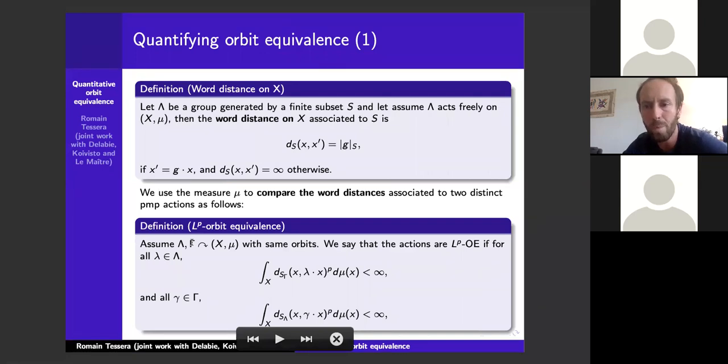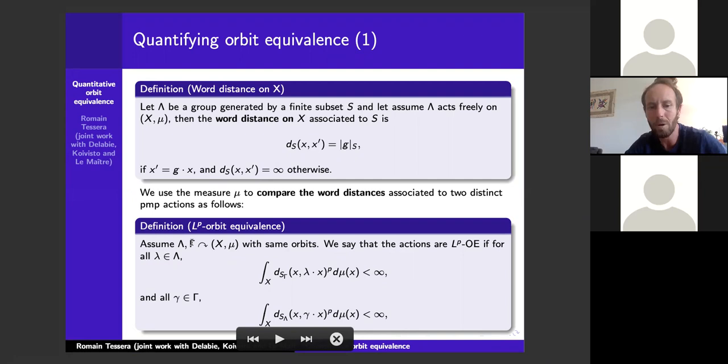So now you want to measure the distortion. What I mean by distortion is that if you had an isomorphism between Λ and Γ, and an isomorphism between these actions, then essentially the two distances would be the same. You would pick the same generating set for both groups, and you would get the same distance.